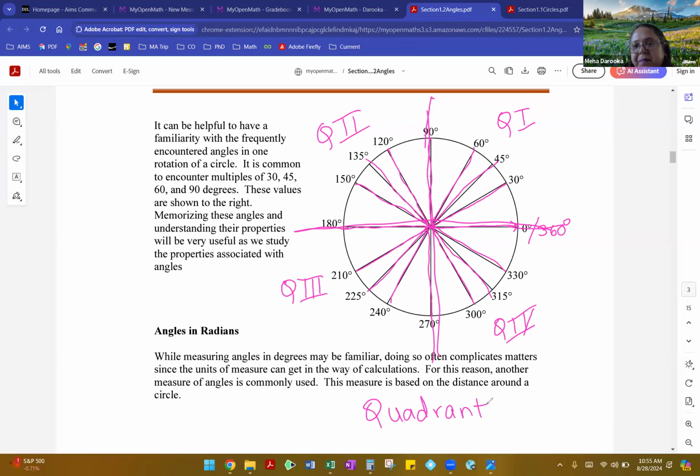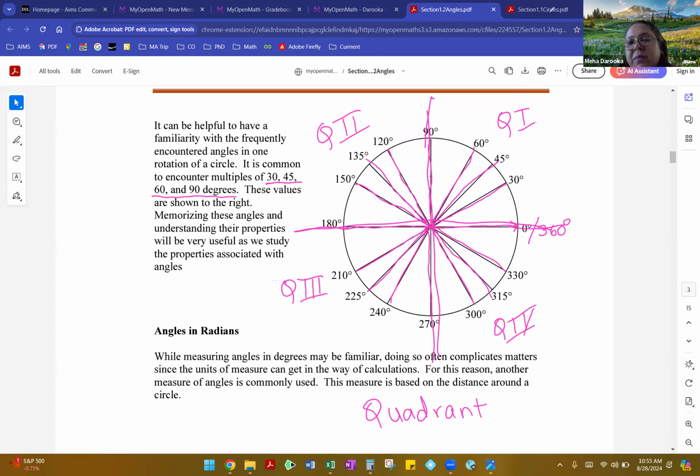So that's kind of how this circle is broken down. We're basically looking at multiples of the angles of 30, 45, 60, and 90 degrees, because in the different quadrants, they take on a different value.